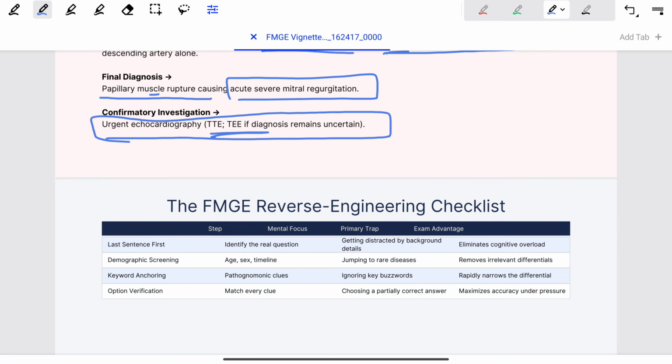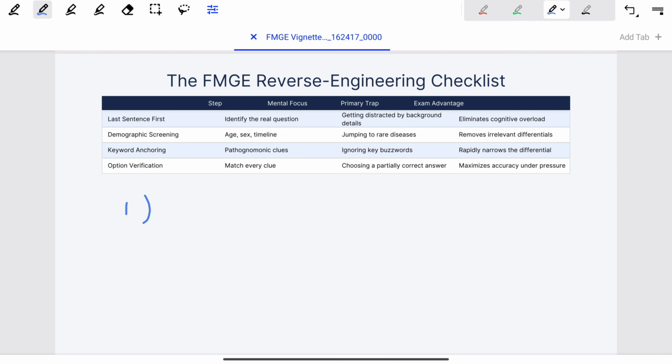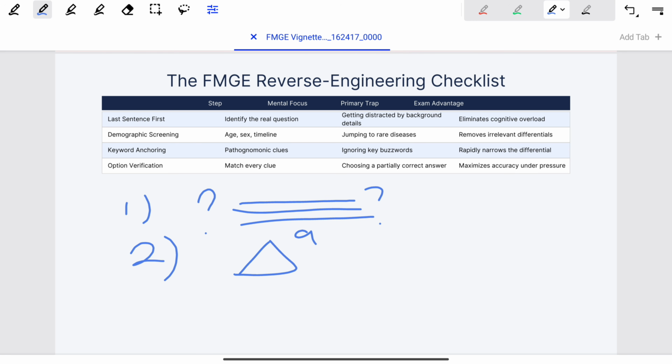FMG reverse engineering checklist. Let's summarize the process. Step 1. Identify the target of the question. Understand exactly what the examiner wants before analyzing extra details. Step 2. Apply demographic screening. Age, sex, and disease timeline frequently eliminate incorrect options. Step 3. Recognize the diagnostic anchor.